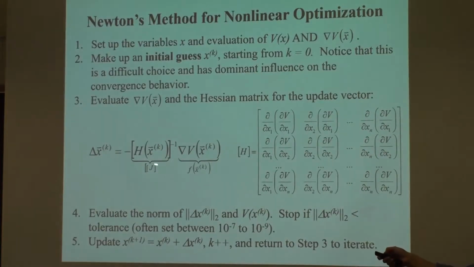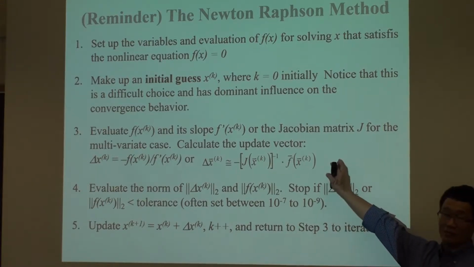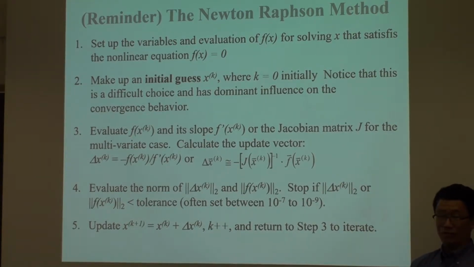And here the search is that I make the gradient go to 0, and the slope is evaluated by the Hessian matrix. So this is the Newton method for nonlinear optimization. If I flip between these two, this is the Newton-Raphson method that we introduced. The only difference is here. There's really nothing more.